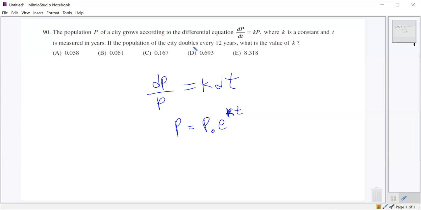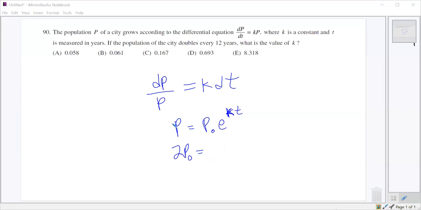So we know that the population doubles every 12 years. That can help us figure out what k is. Sorry, it doubles, not 12 times, so the final amount is 2 times the initial amount. Wow, I have written everything horribly here. Let's try this again.